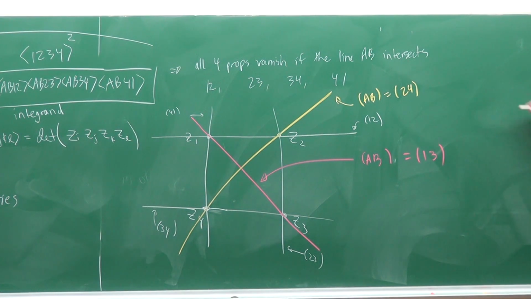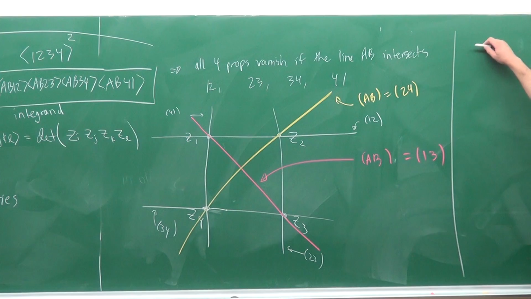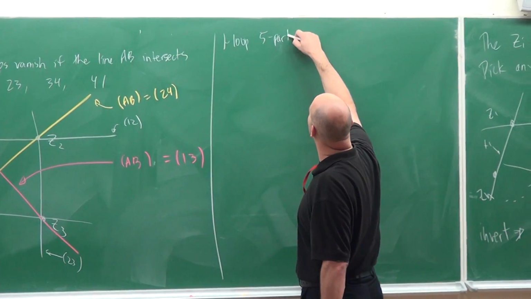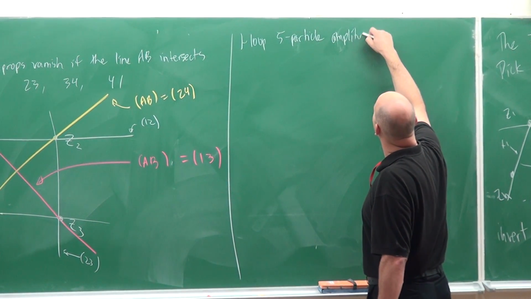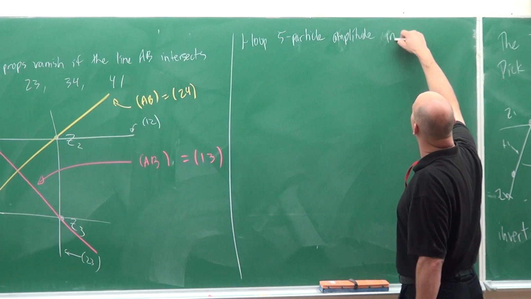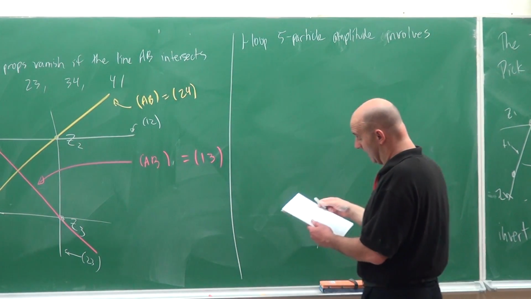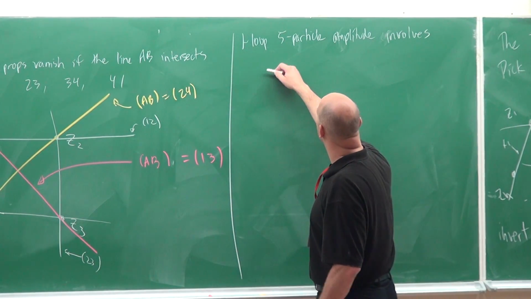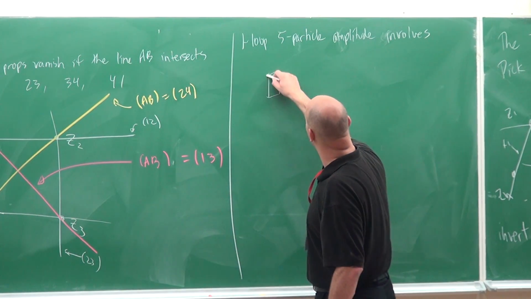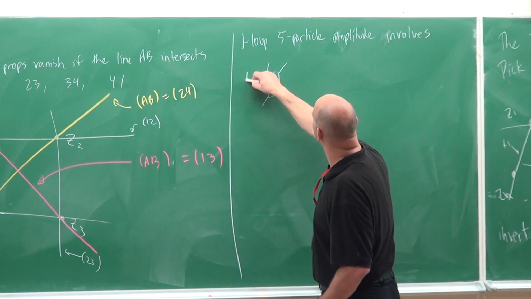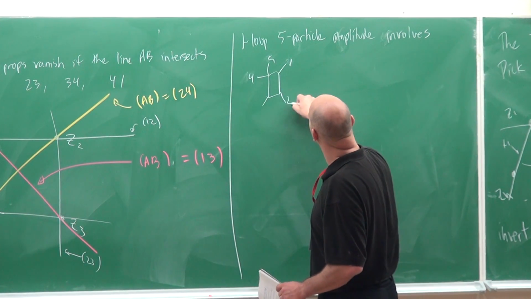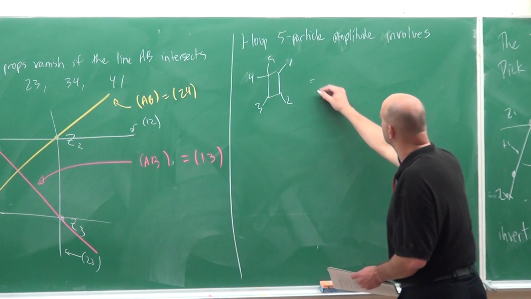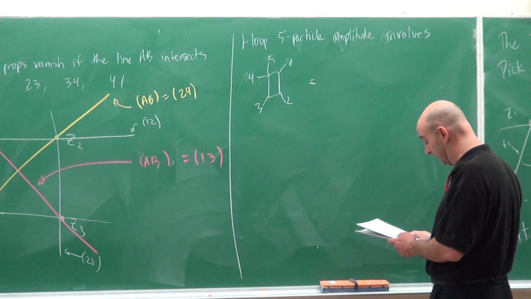The very last thing I want to do is look at the one loop 5 particle amplitude, which involves, in particular, this kind of thing. This is one of the contributions we looked at before.